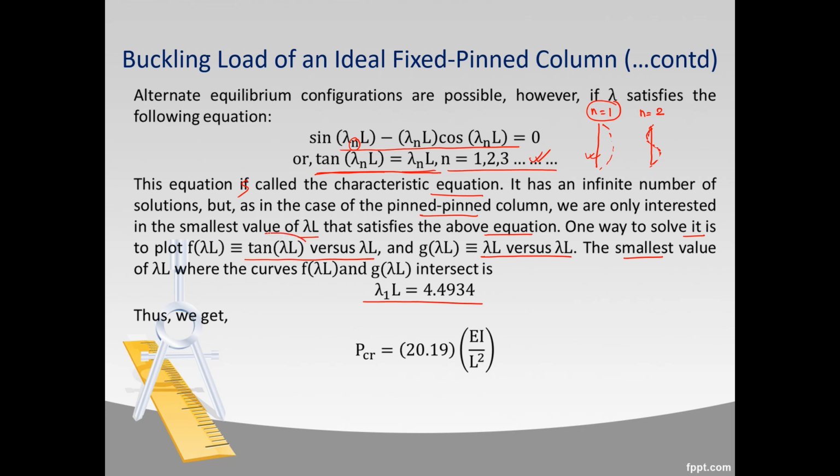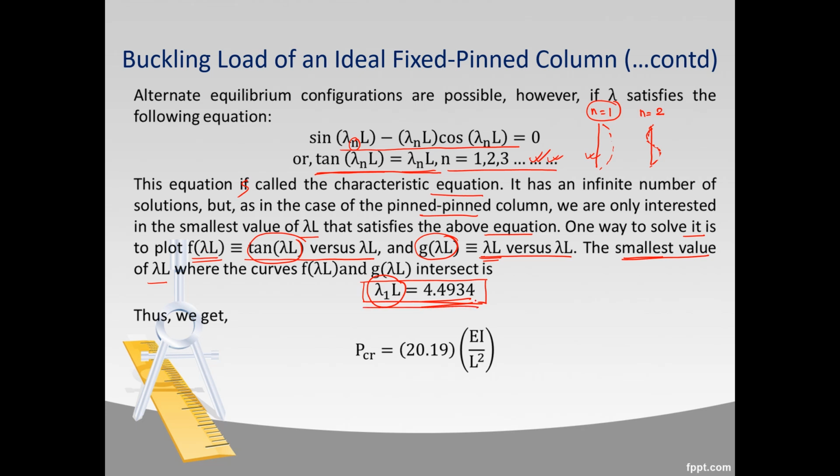We have named this tan lambda L function f(lambda L), and we have named this lambda L function g(lambda L). So the point where f(lambda L) and g(lambda L) intersect will give us the smallest value of lambda L. If we draw the graph and find the intersection point, it will come out to be 4.4934. So this is the smallest value of lambda_1 L which satisfies the above equation.